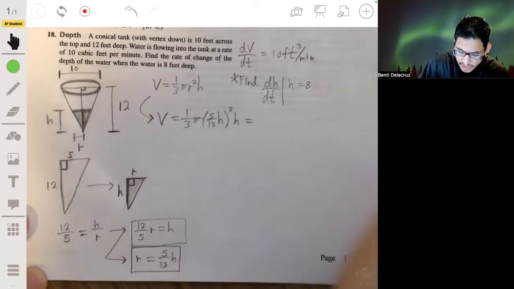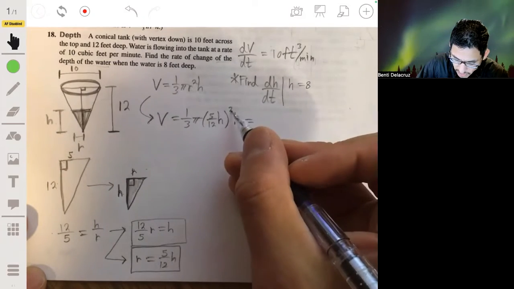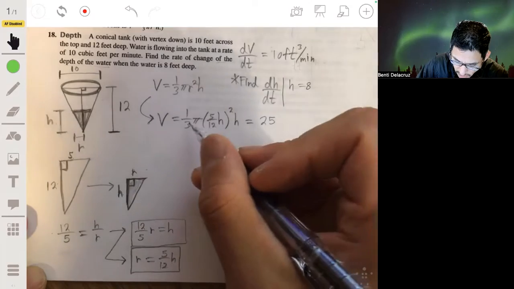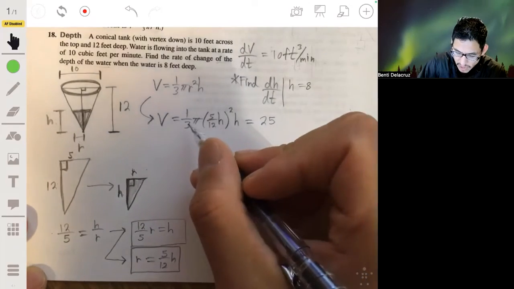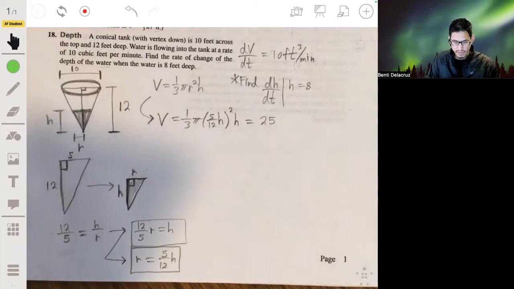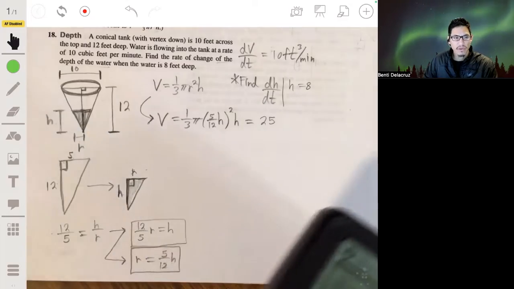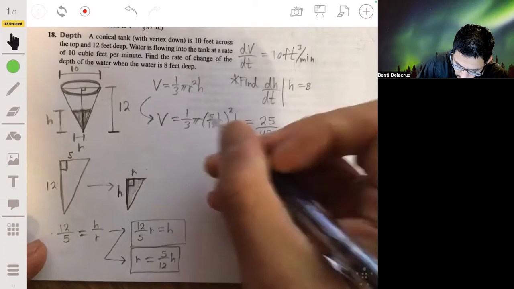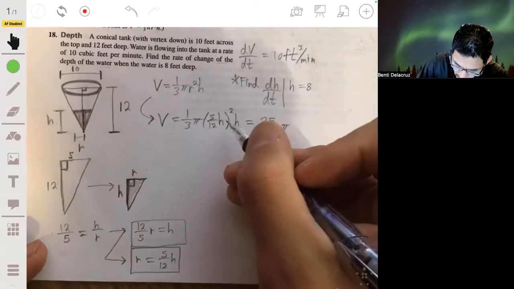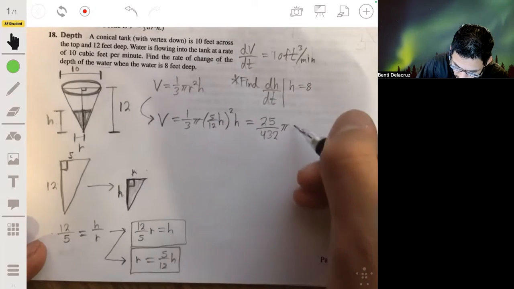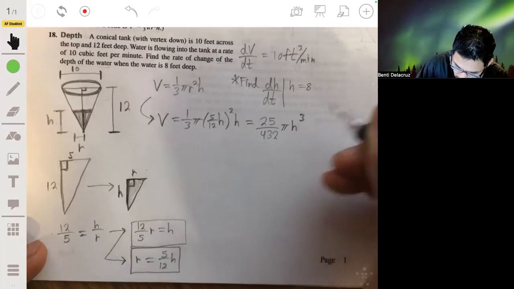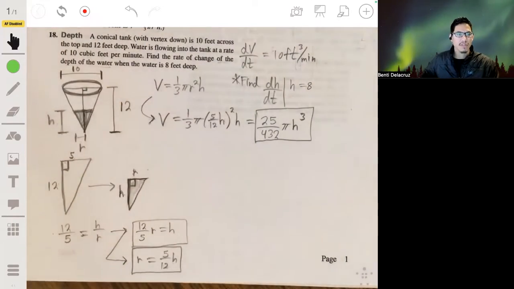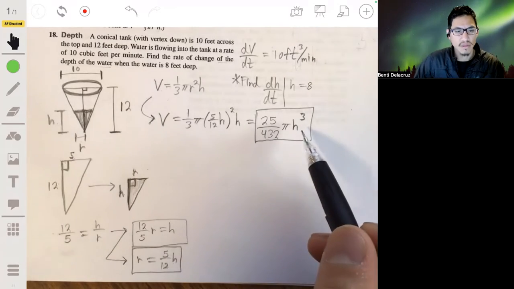Let's simplify this a little bit. 5 times 5 is 25, so let's put that in front. 12 times 12 is 144, times that 3 there, it should be 432. So we have 25 over 432, all multiplied by pi, and h times h squared is h cubed.